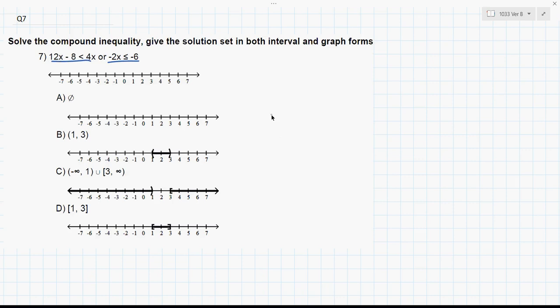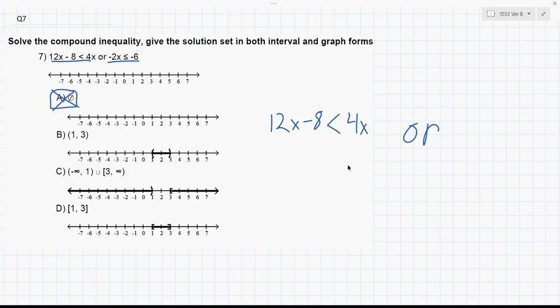So let's start with the first one, saying we have 12x minus 8 is greater than 4x. And then or, so or means that they don't both have to be in the same spot together to work, which means any part of the line that works will work for this graph. So that already tells us that A will not work, because A would only work if it was an and they were in 2 different locations.